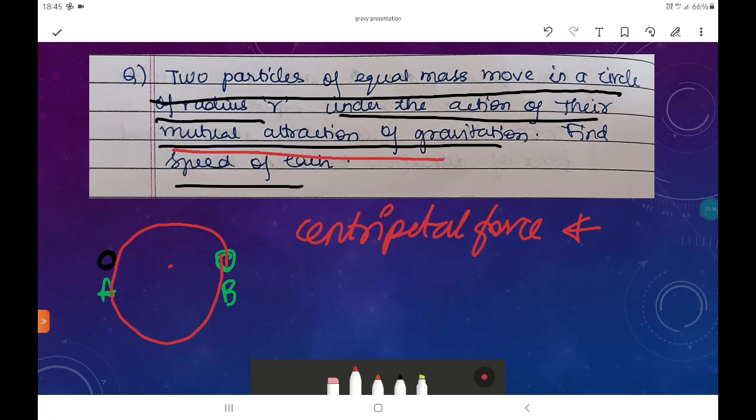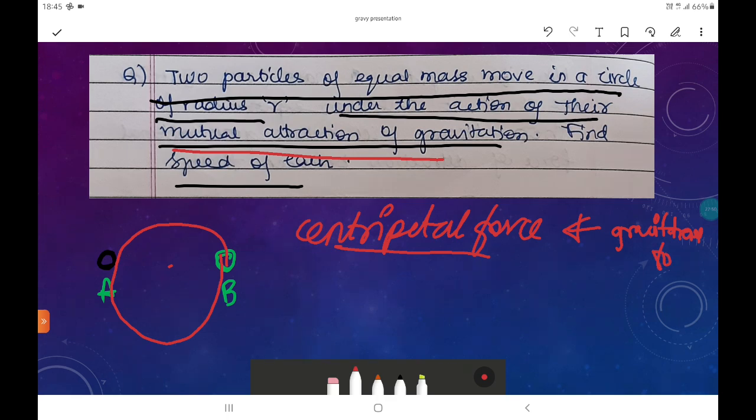Like tension is one type of force, gravitational force is one type of force, but centripetal force will be because of some other force. So here the reason for the centripetal force is your gravitational force only.